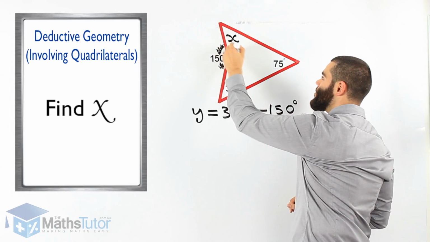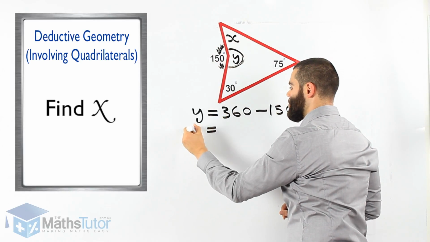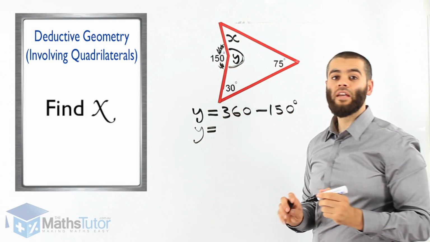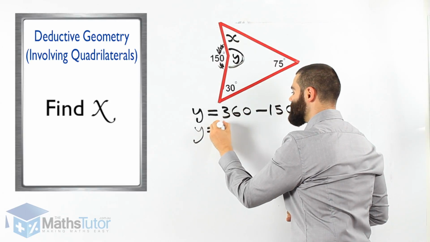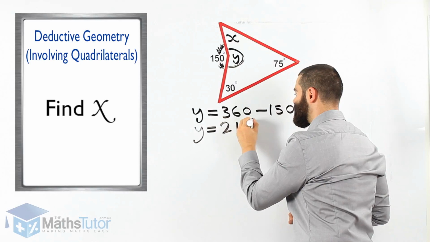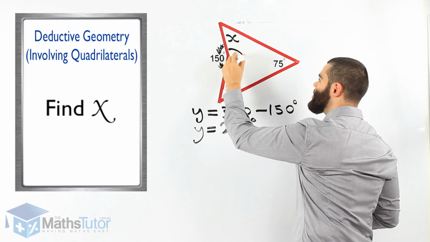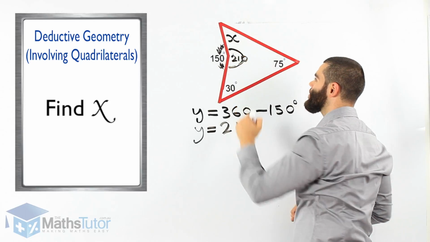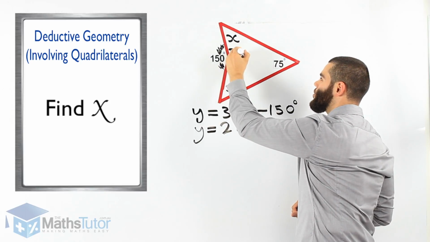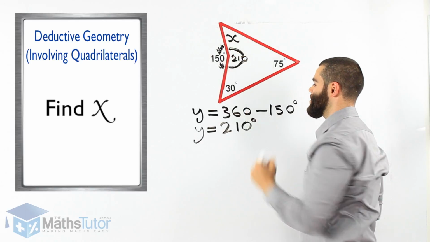We're going to be left with y. Y is going to be 360, take away 150. Y is going to be 210 degrees. So this angle here is 210 degrees. This angle all the way, 210 degrees.